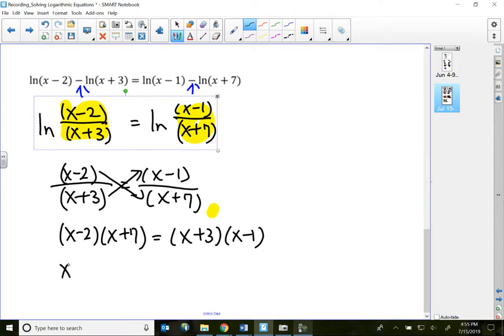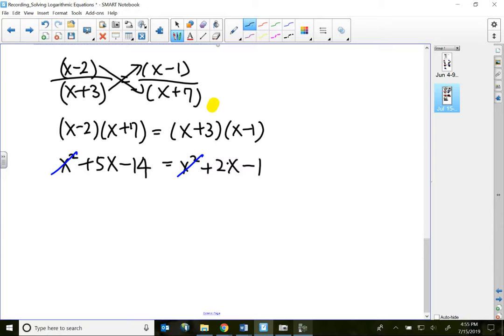So for your method will tell me that's x squared plus 5x minus 14 equal to x squared plus 2x minus 1. So, by the way, this is not quadratic because I got x squared on the right, x squared on the left. So they're exactly the same term, so I can actually cancel them out.